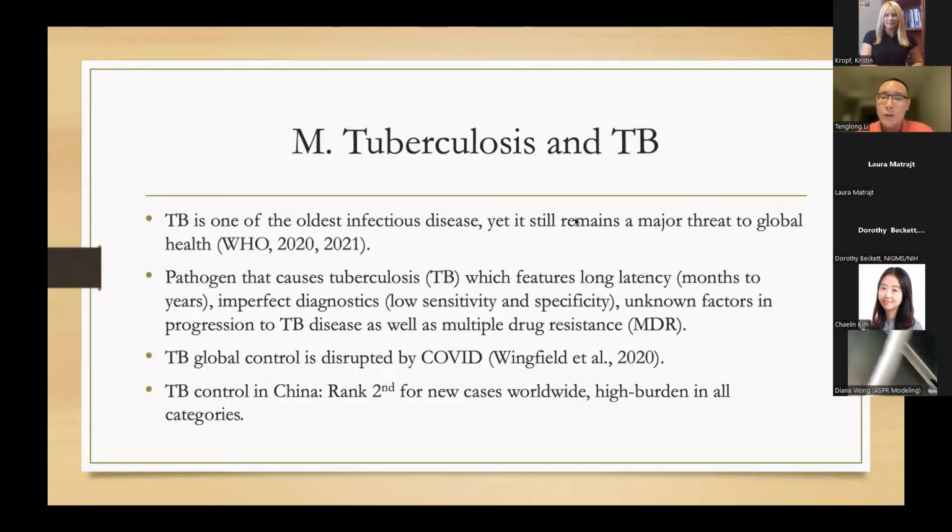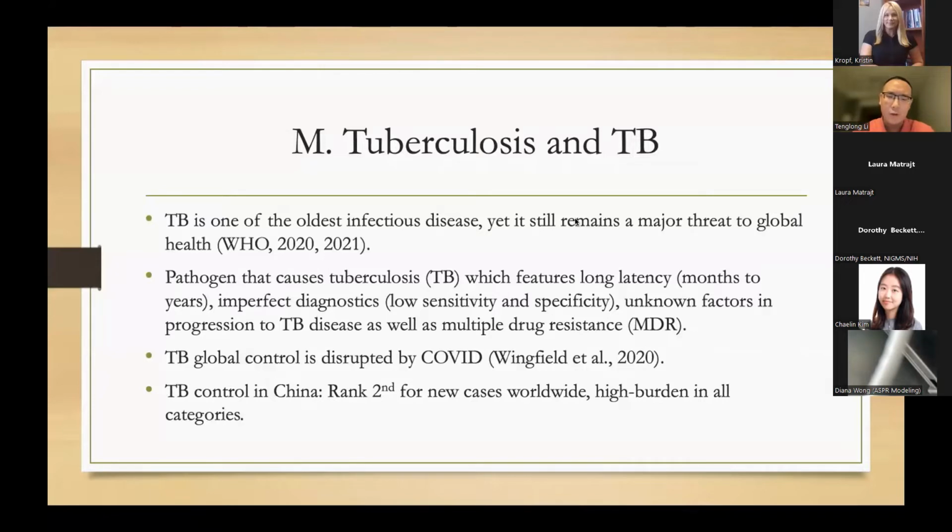And the factors that lead from TB infection to TB disease, a process known as progression, are still largely unknown. And also, there's a phenomenon called multiple drug resistance in TB. Basically, the TB patients are unresponsive to therapies and to the common drugs.